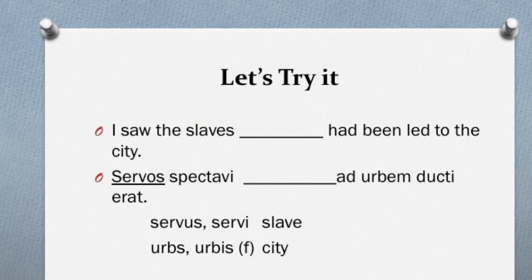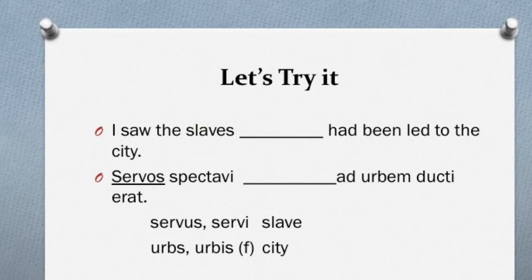Now let's think about how to get the correct Latin form of the pronoun and the correct English form of the pronoun, who, whose, whom, or which. Here we have to look at the entire relative clause. Who, whose, whom, or which had been led to the city. The verb is had been led. Well, who was being led? If you're thinking it's the slaves that had been led, you are correct.